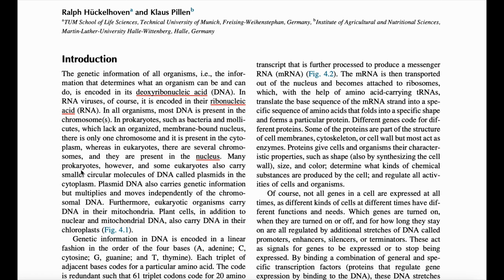Alright, many prokaryotes, however, and some eukaryotes also carry smaller circular molecules of DNA called plasmids. What is plasmid? Plasmid is the extra chromosomal DNA. Again, where do we get to see this? In case of bacteria, okay, in the cytoplasm.